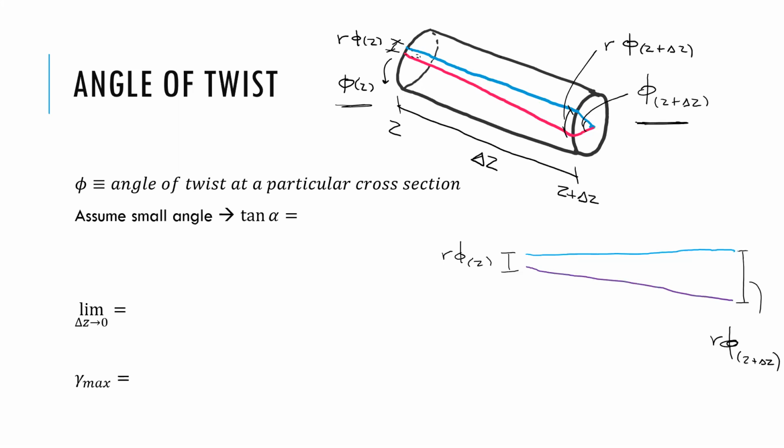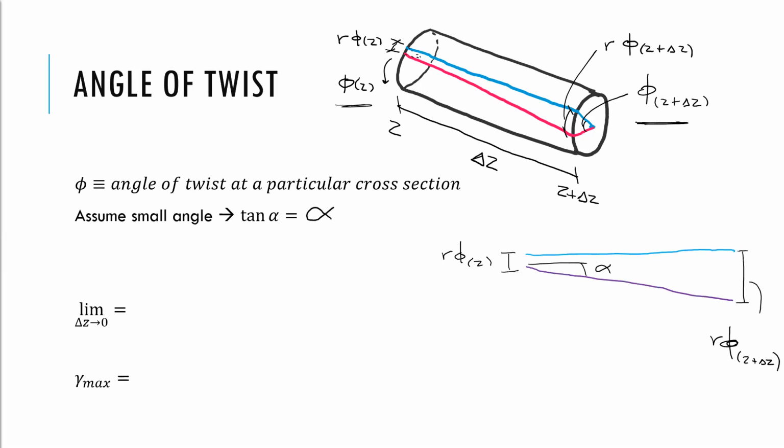Not that it matters, but let me give you alpha before you answer that question. Let's call this angle alpha. So what is the tangent of alpha equal to in small angle assumption? Yeah. Alpha. Tangent is sine over cosine, and sine of a small angle is that angle. Cosine of an angle is 1, so we get alpha.